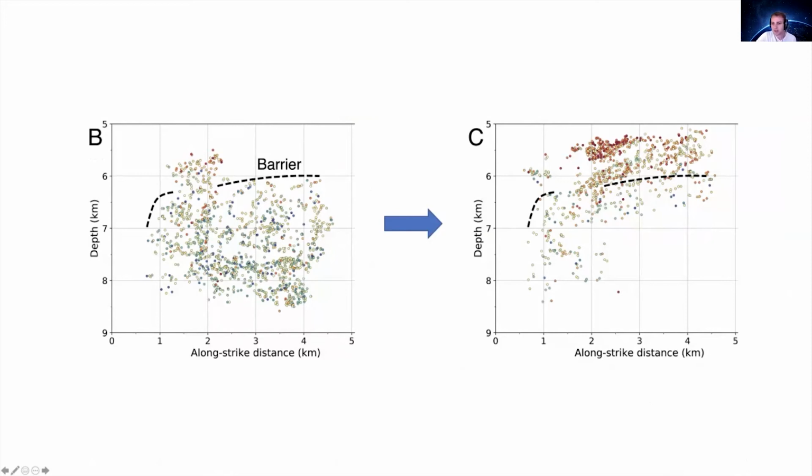But then later, they move along the barrier on the upward side of it with time, but they don't cross this barrier. So it has to circumvent this to the south and then move unilaterally to the northwest. And that seems to be some kind of interesting permeability barrier within this system.